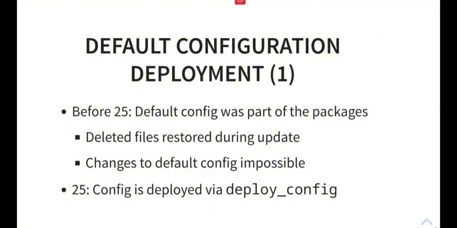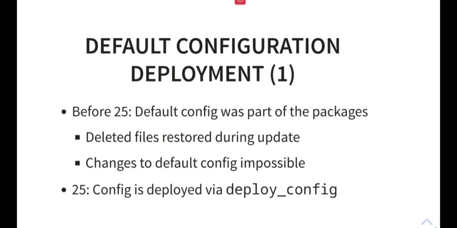Okay, another thing that we changed in Bareos 25 regarding the configuration is that the default configuration that we deploy is not part of the packages anymore. Why did we change this? Because the standard Linux packaging mechanisms have features for configuration files that often create problems when we do updates.